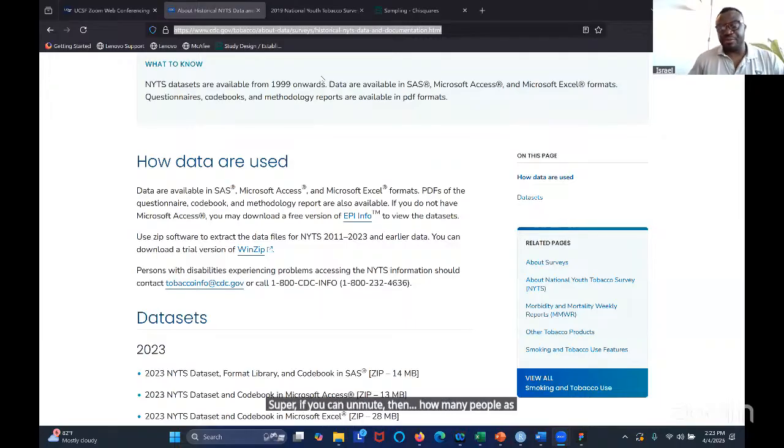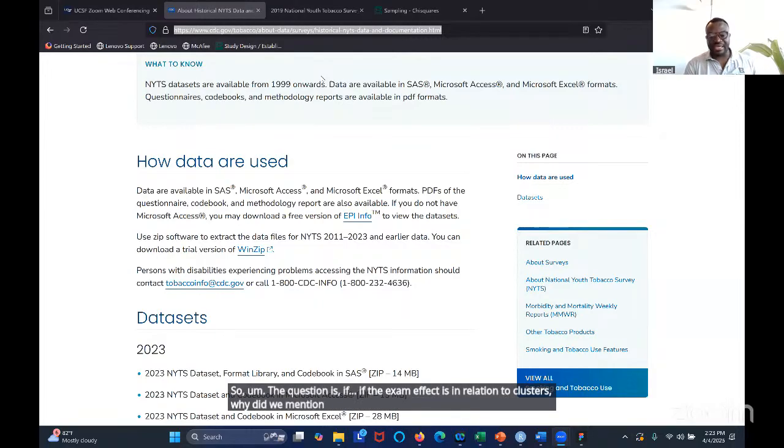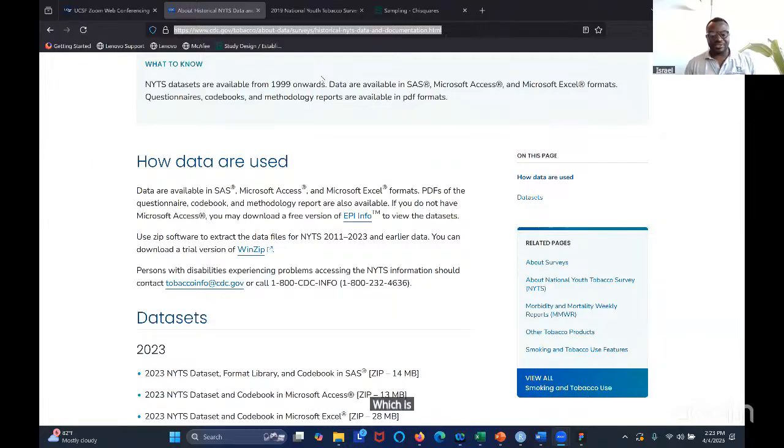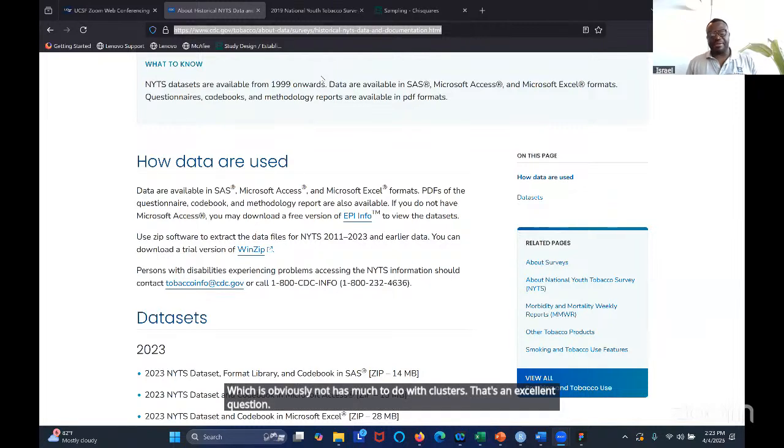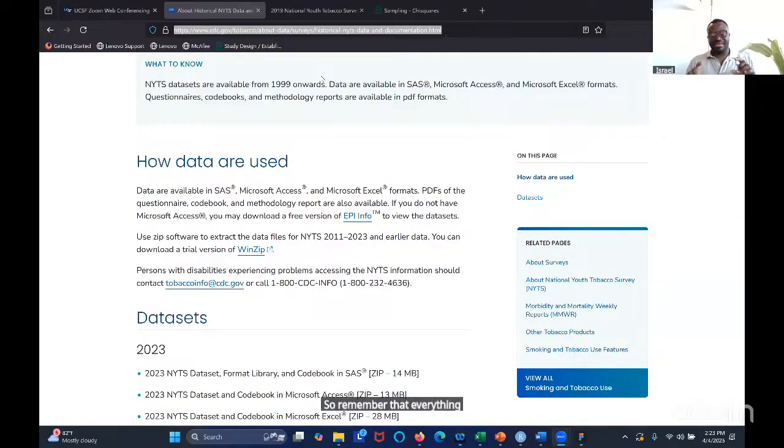All right, I'm unmuted. Let me answer Jolly's question. The question is, if the design effect is in relation to clusters, why are we dragging in simple random sample, which obviously has nothing to do with clusters? That's an excellent question. Remember that everything we do is always done with simple random sample as the benchmark.